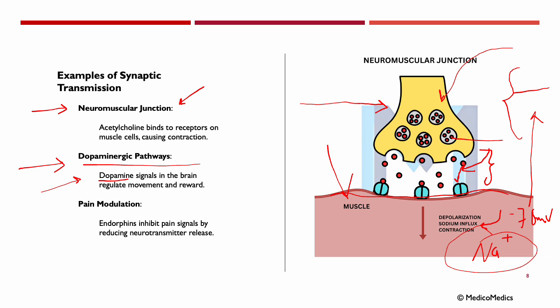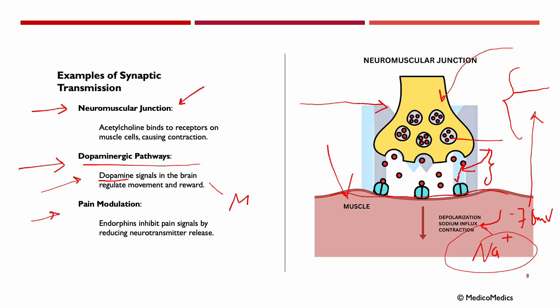In a pathway called the nigrostriatal pathway, dopamine from the substantia nigra regulates voluntary movement by modulating activity in the basal ganglia. But in another pathway called the mesolimbic pathway, dopamine release in the nucleus accumbens plays a critical role in the brain's reward system. So it reinforces behaviors associated with motivation, addiction, pleasure, etc.